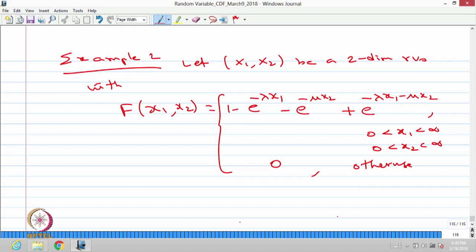Therefore, properties 1 and 2 are easily satisfied. For different values, one can verify the third property is also satisfied. Therefore, one can conclude this is the CDF of a 2-dimensional random variable.